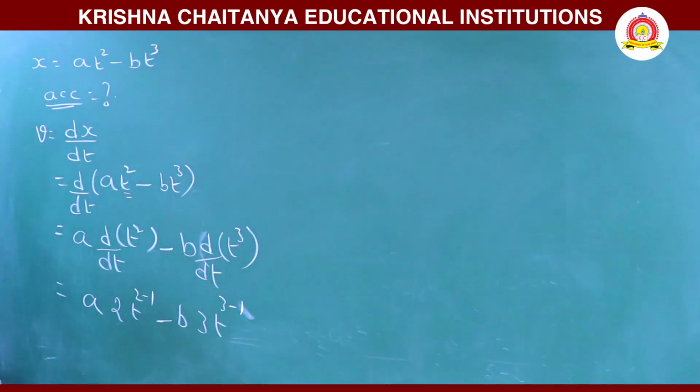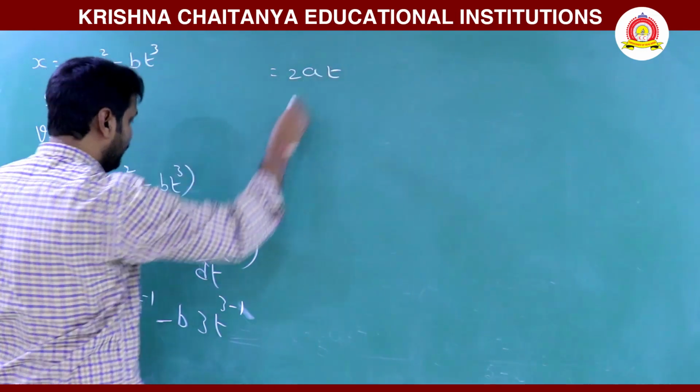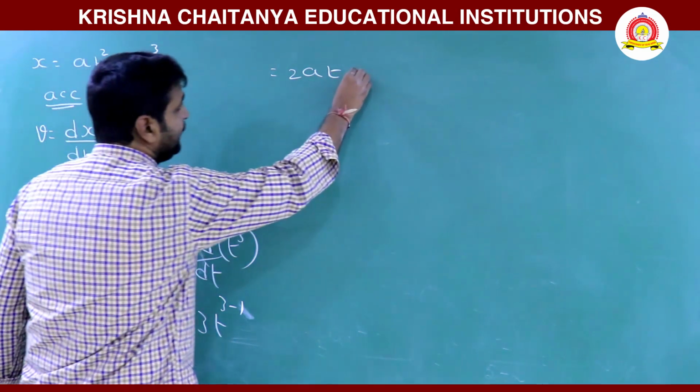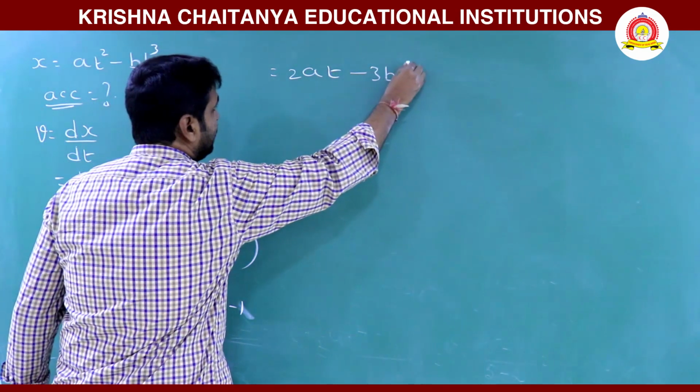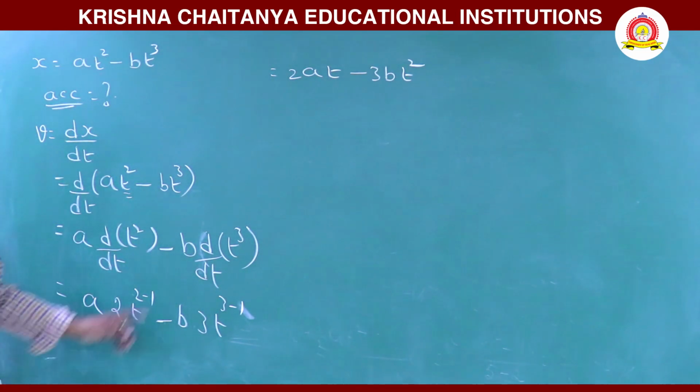Now this is 2a into t power 2 minus 1 which is t power 1, minus 3b t squared. So this is 3b t squared, and this one is 2at.